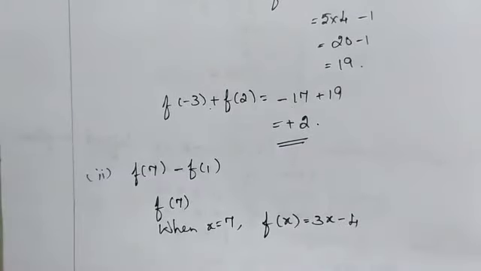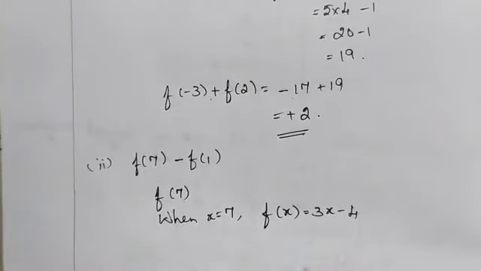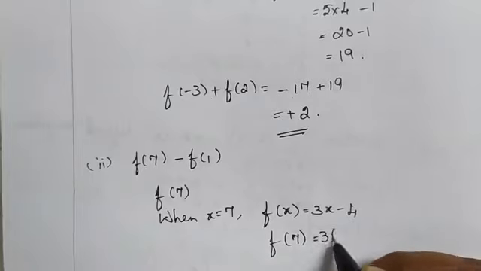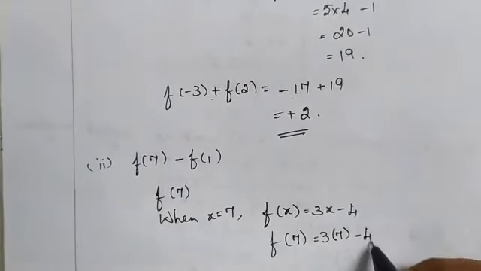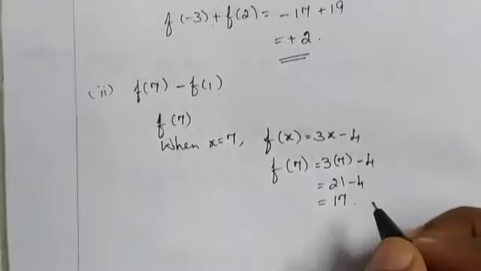When x is equal to 7, f of x is equal to 3x minus 4. f of 7 is equal to 3 into 7 minus 4. 3 sevens are 21 minus 4. 21 minus 4 is 17.